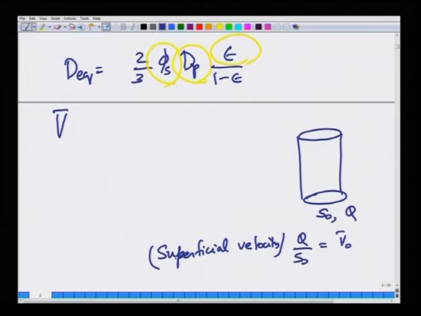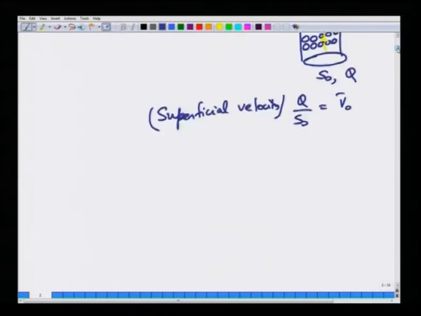If there were no particles, this would be the average velocity of fluid present inside this container, but we do not have all the space or area available for flow, because only a fraction of it is available for flow. So, you would expect that the actual velocity in the interstitial gaps will be greater than V naught. That velocity is nothing but V naught by epsilon. If epsilon is the porosity, then the actual velocity will be greater than the superficial velocity, because only that much area is available for the fluid to flow.